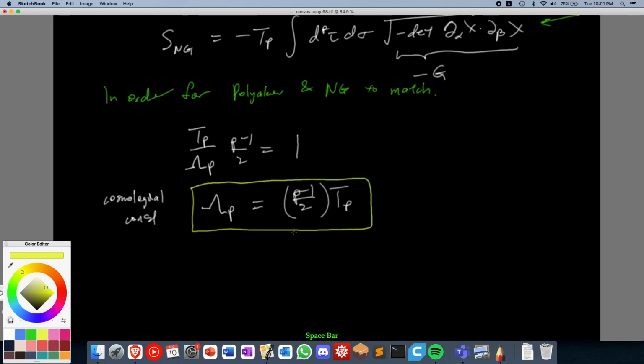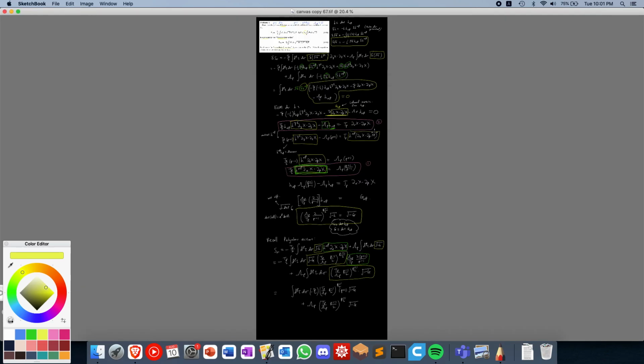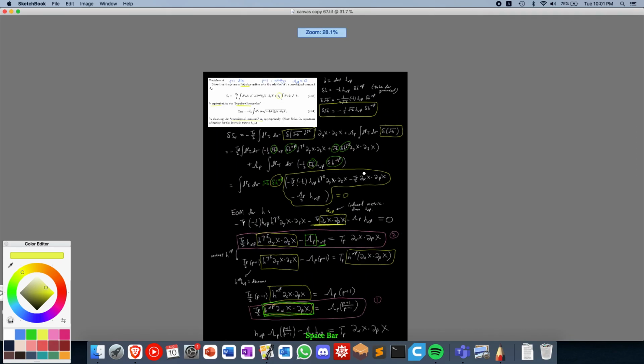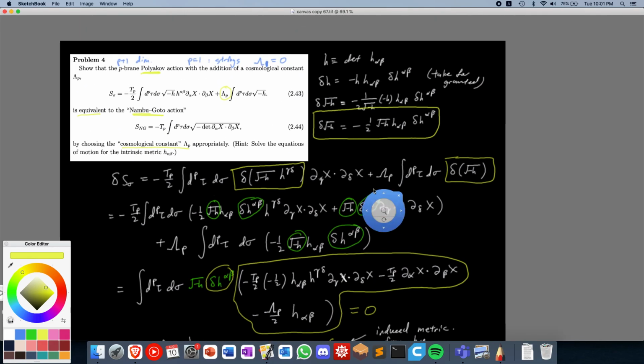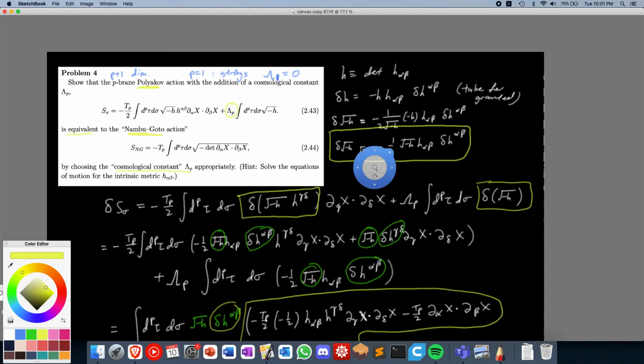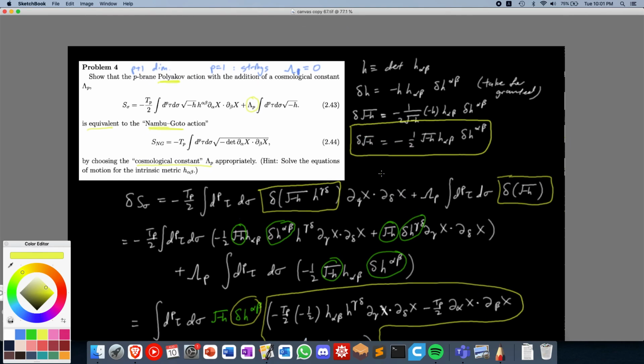So in summary, let's go back and review the math that we have done. From the beginning we wanted to show that the Polyakov action for the p-brane is equivalent to the Nambu-Goto action, provided that we choose the cosmological constant appropriately.